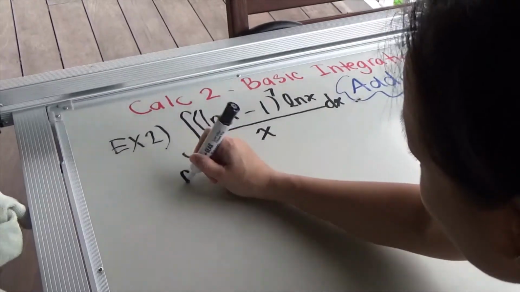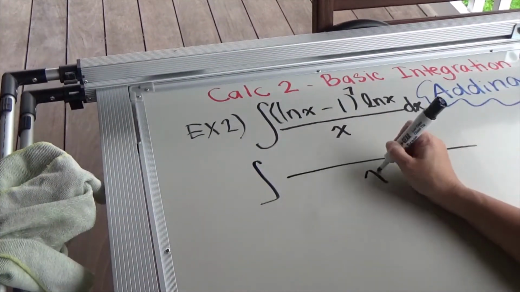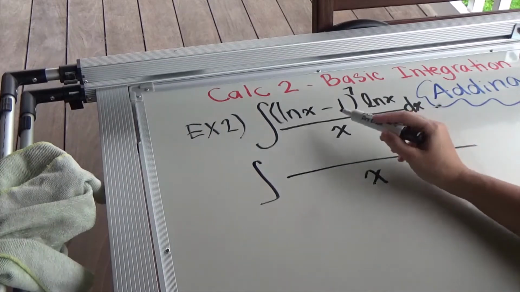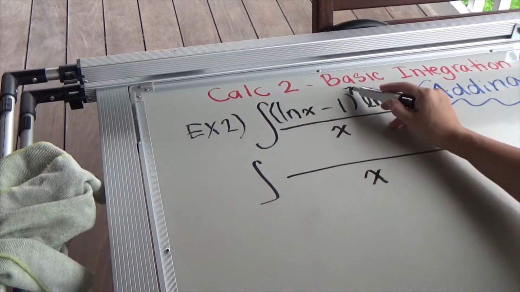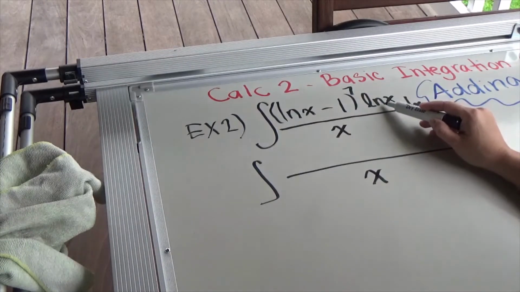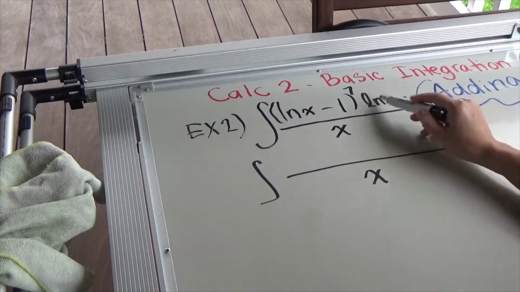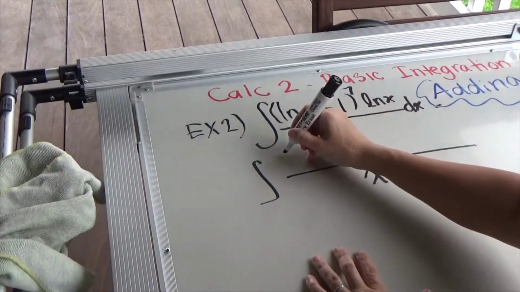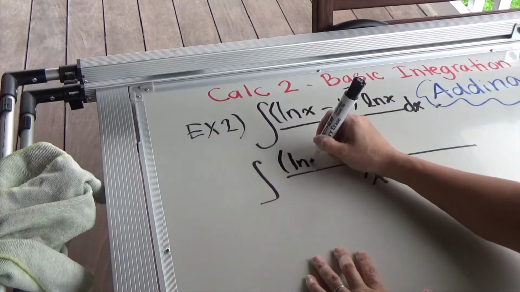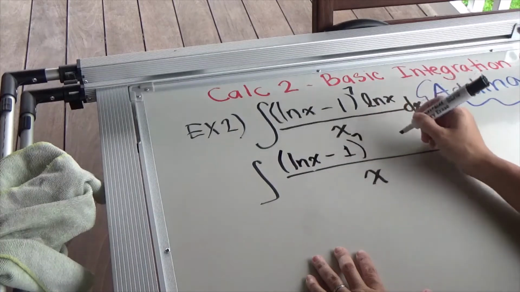So what we're going to do here, we're going to add 0. What 0 am I going to add? See, this is ln of x minus 1, and it's all to the 7th power. If I had ln of x minus 1 again, then I can make that to the 8th power. So I'm going to try that. ln of x minus 1 to the 7th power.